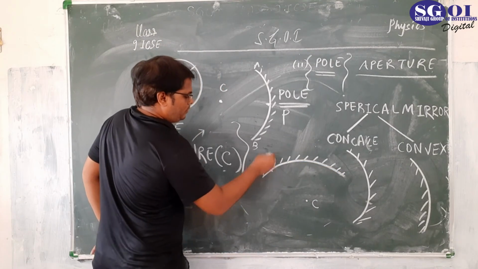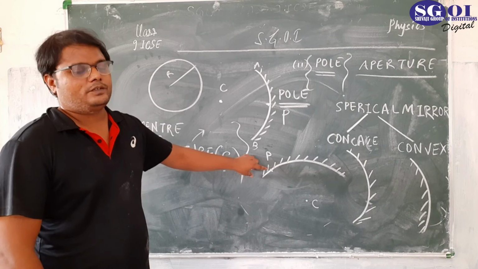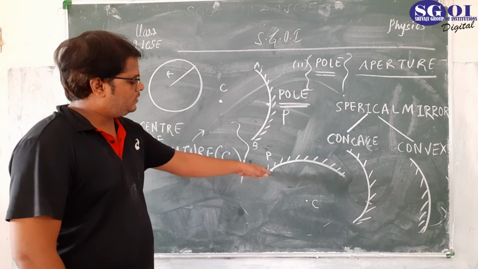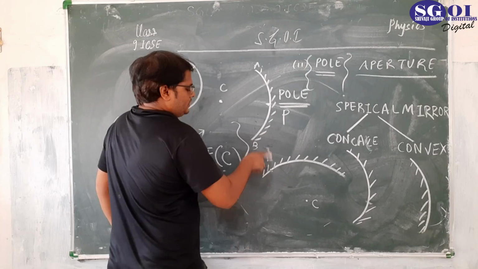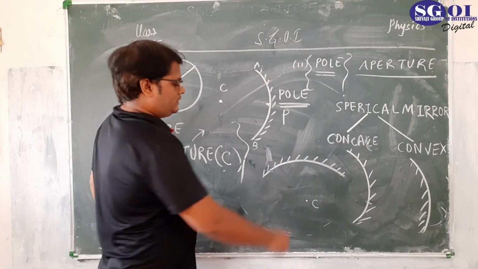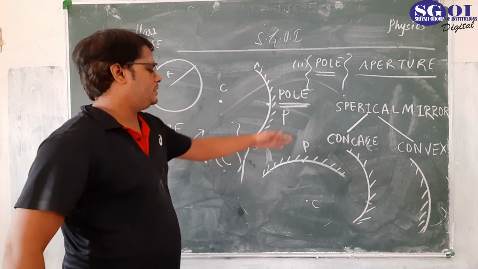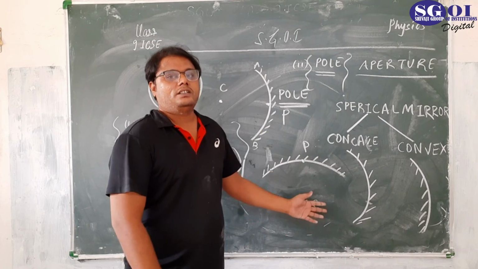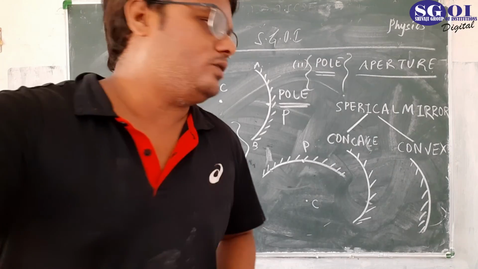Can this point be called the pole? No. Why not? Because it doesn't look like it's the midpoint of the surface. So the pole must be the midpoint of the aperture. It should be somewhere here. So this point is the pole, and this point is the center of curvature. I think that's enough for today's class.